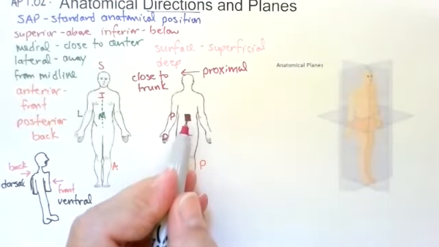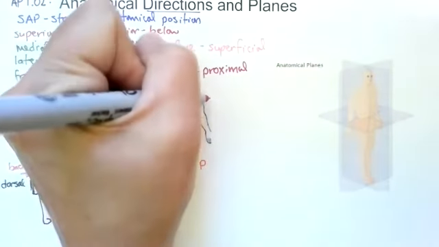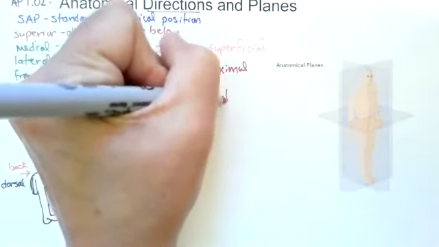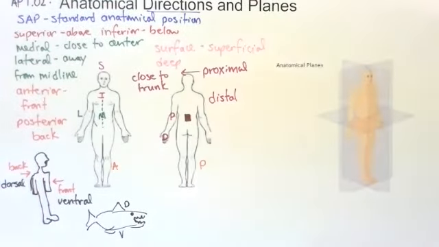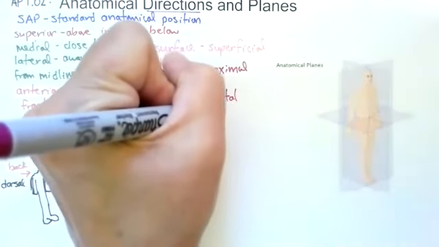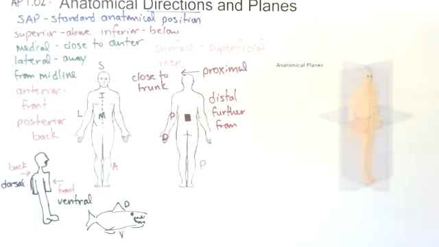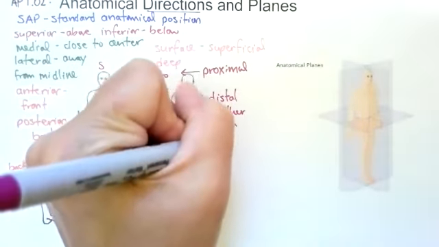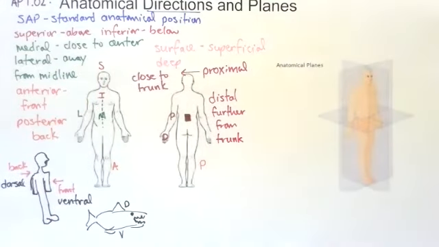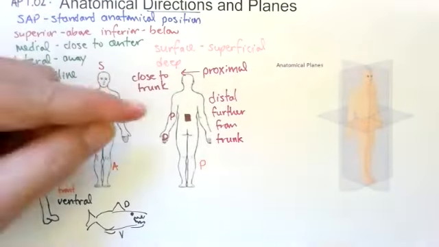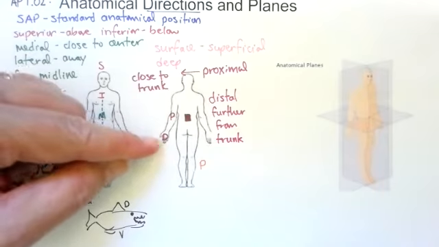So this little circle here represents the trunk of the body. And if you're closer to that, you're proximal. D, distal, is further away from the trunk. So we say that the elbow is proximal to the hand.